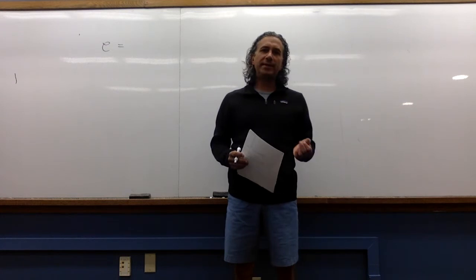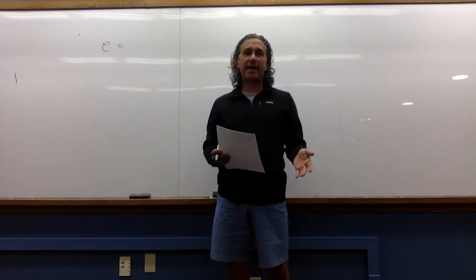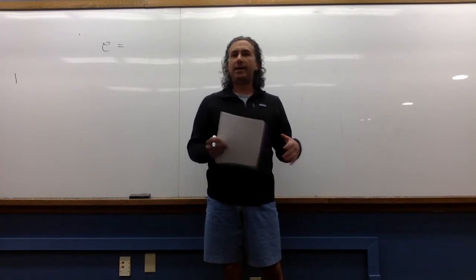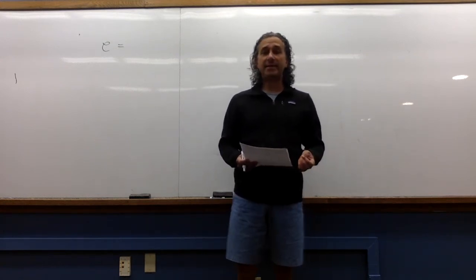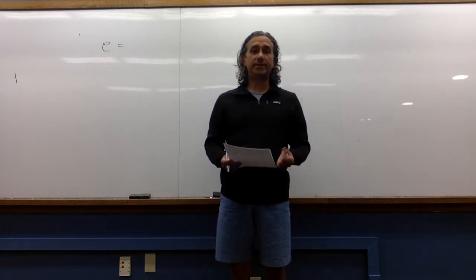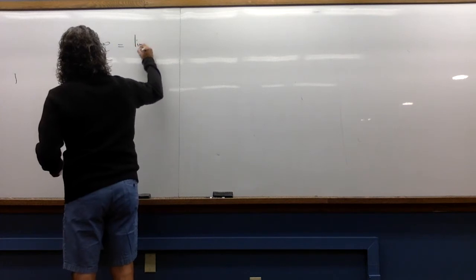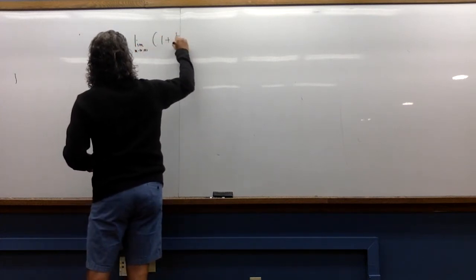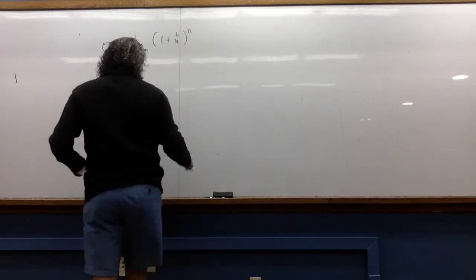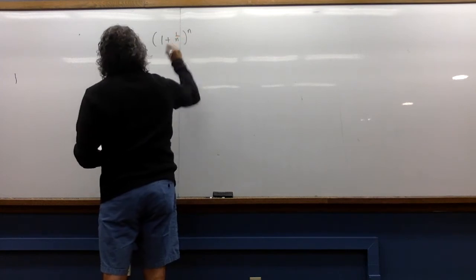So how do we formally define this number e? I'm sure you've seen it in a previous class, maybe in another math class or science class, or maybe even a business class in the context of continuous interest. Well, e is defined as the limit as n goes to infinity of (1 + 1/n)^n.